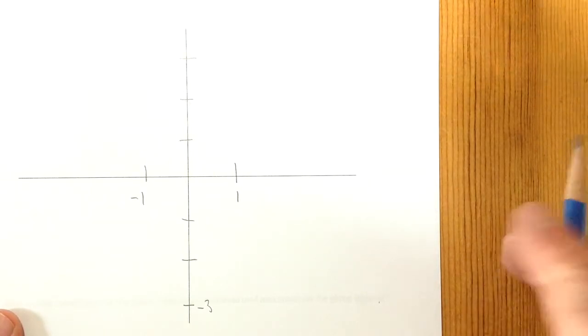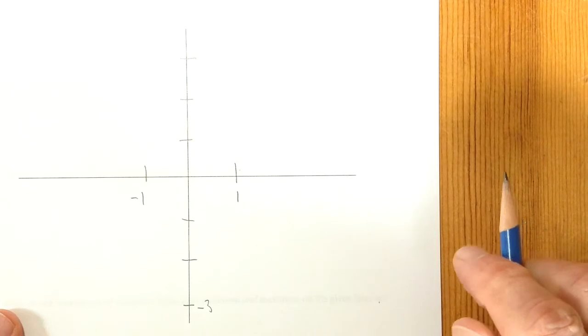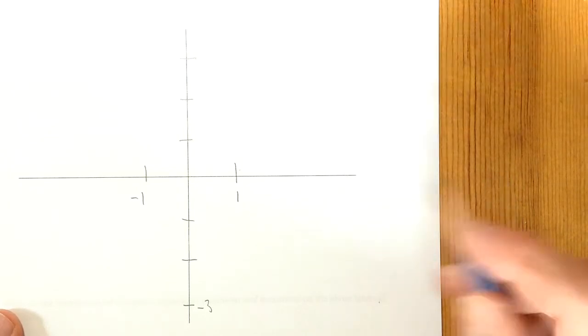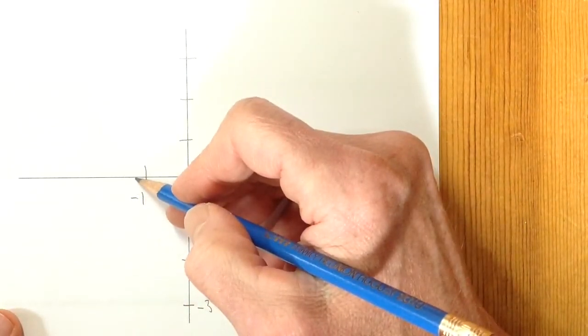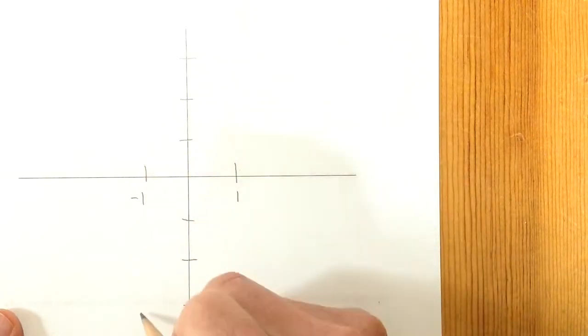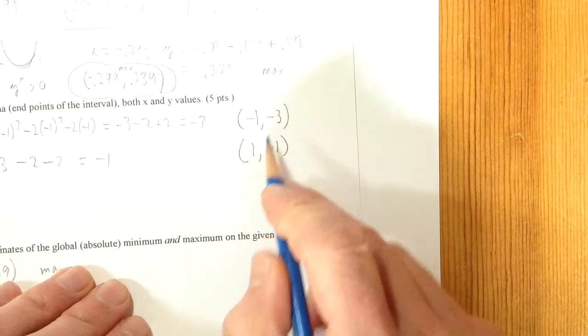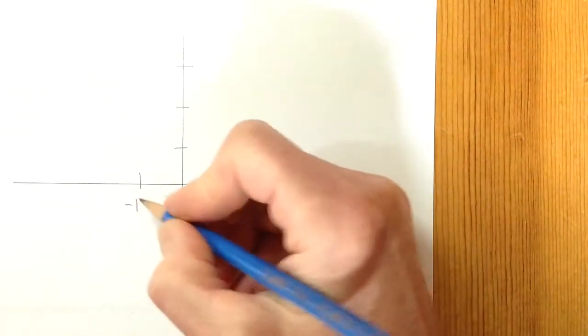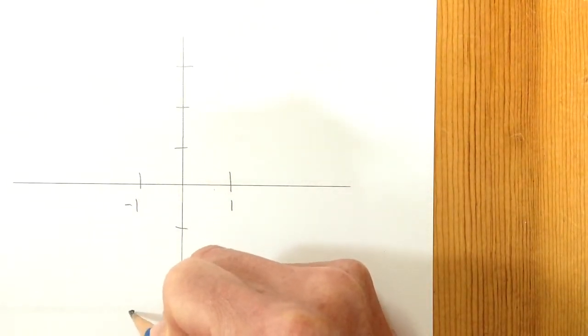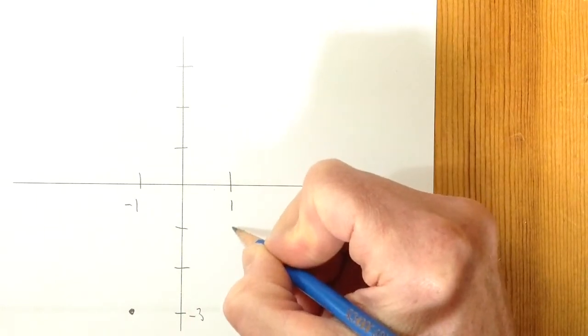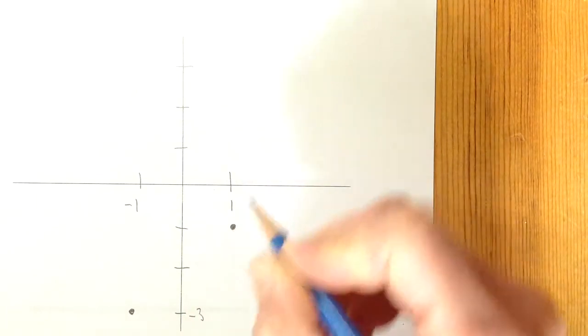Okay, so let's see. Let's put our numbers in at -1. We know that it's -3, so that's the point where it's -3. Because I'm looking over here, right? The endpoints, -1 is -3, and 1 is -1. So here's another point. Those are the endpoints.